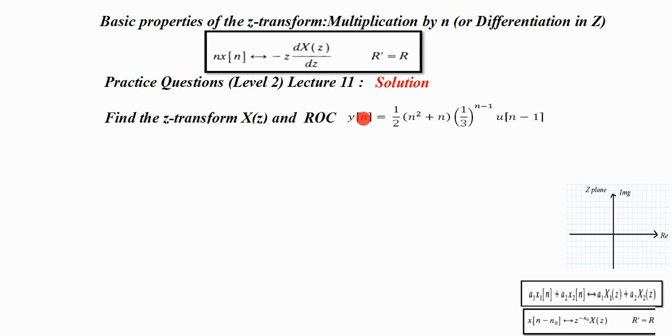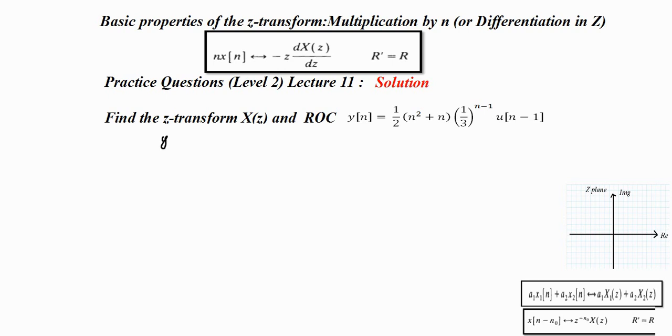Here you can see that y of n is equal to 1 by 2 into n square plus n into 1 by 3 the whole raised to n minus 1 into u of n minus 1. In order to solve this particular problem, we need to use many properties in an easy way. So first I will rewrite this equation.